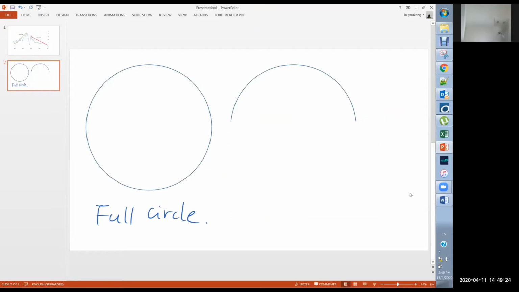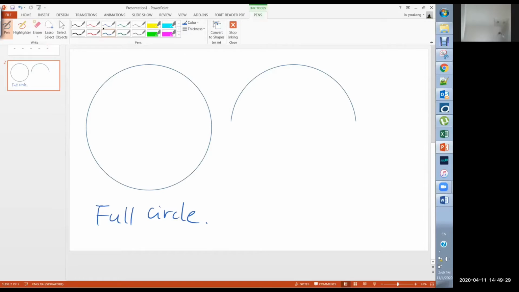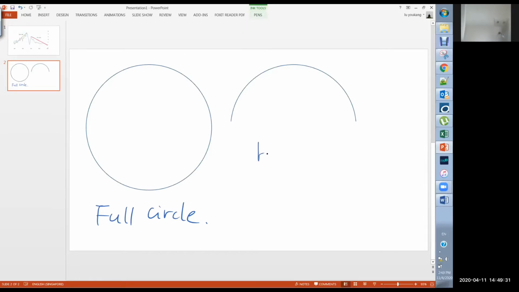So it's called a half circle. So what's the name for half circle? There is a name for it. It's called semicircle. So you can call it half a circle, or semicircle. The name for it is actually semicircle.